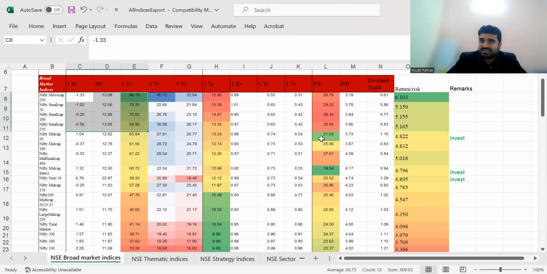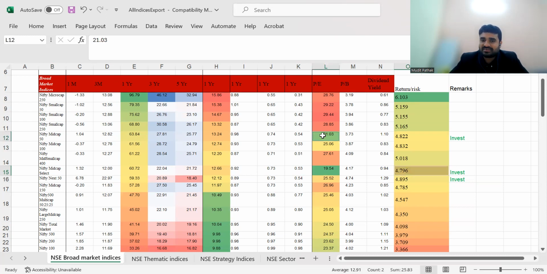But a sweet spot, a balance between the risk, the return and the P by E, I find this Nifty Midcap 50 Index a very suitable instrument for investment. That's why I've marked it as invest. There are certain ETFs for Nifty Midcap 50, and you can find an ETF for this one too, Nifty Midcap Select.